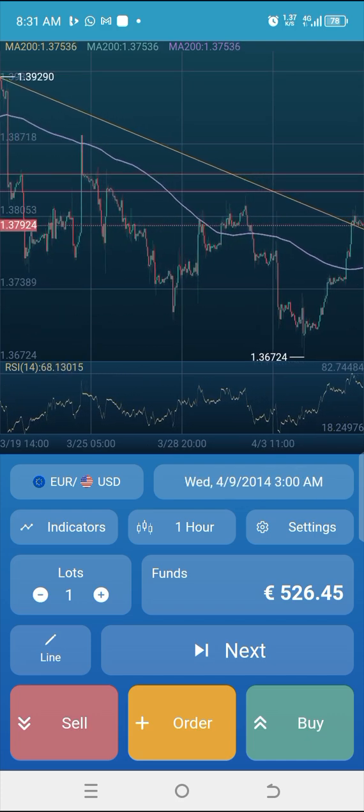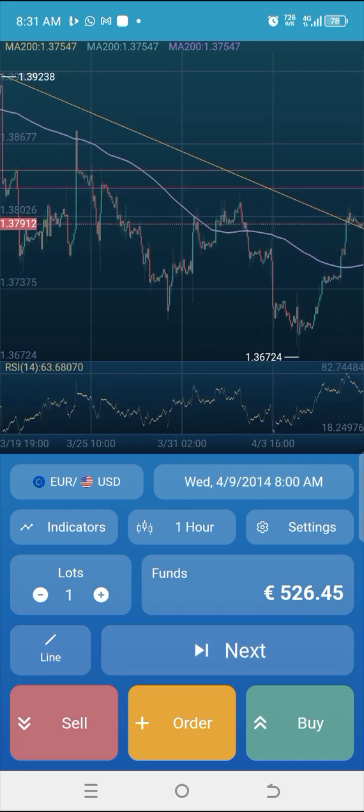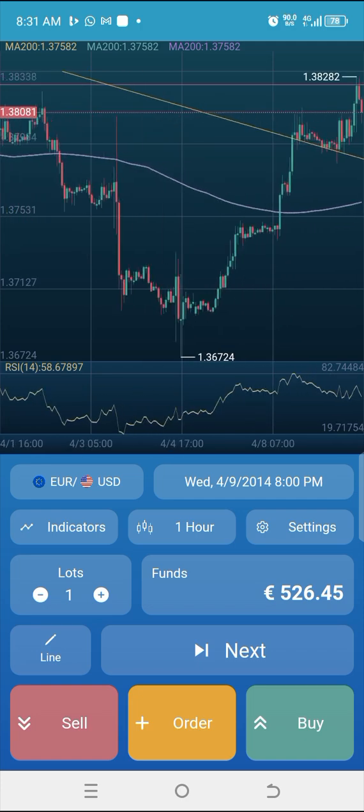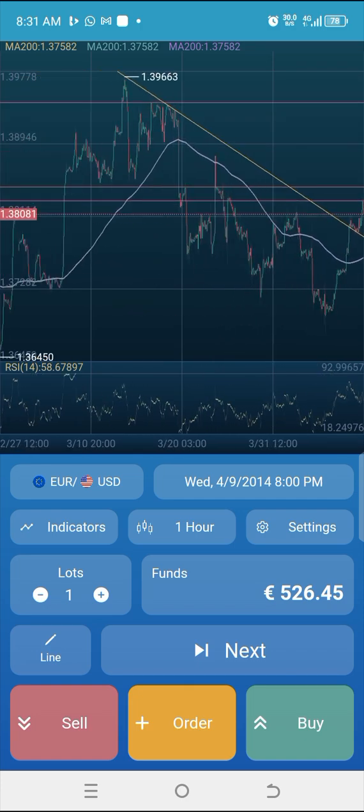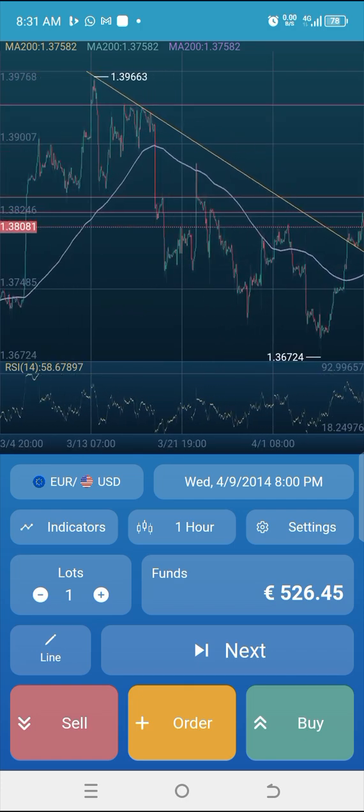So just wait and see. It's trying to break. Okay, it has broken. So let's see why it broke.